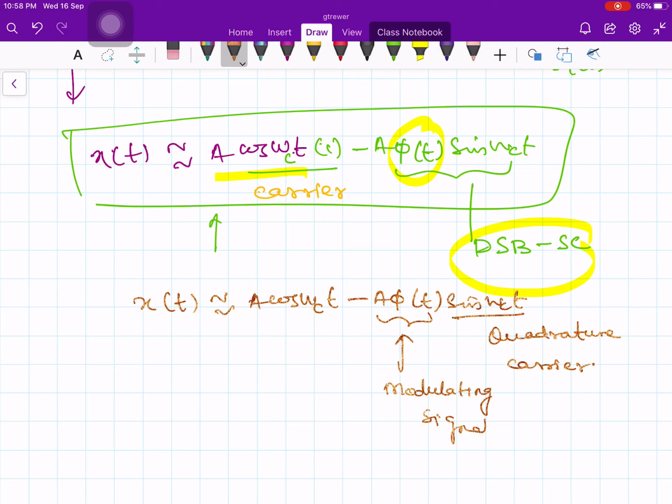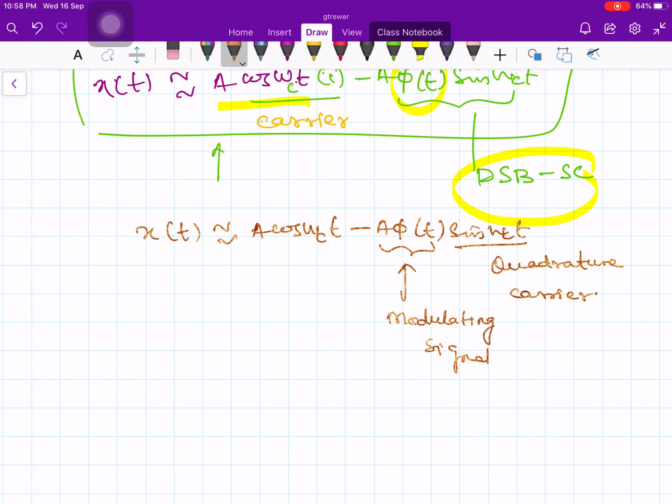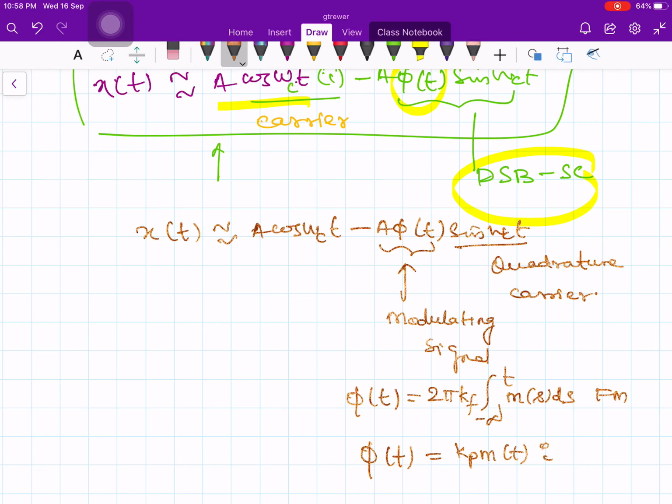In fact phi of t is going to be 2 pi times kf times the integral of m of s ds for an FM signal, and phi of t is equal to kp times m of t for a PM signal. Therefore this phi of t indicates what?